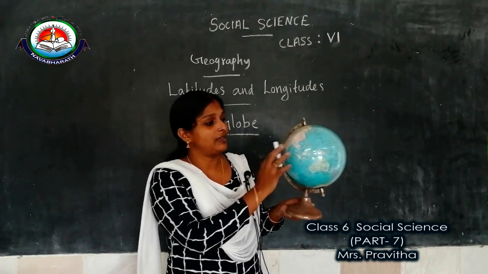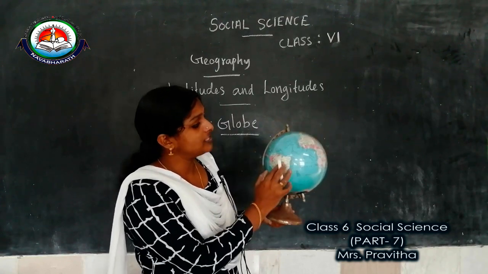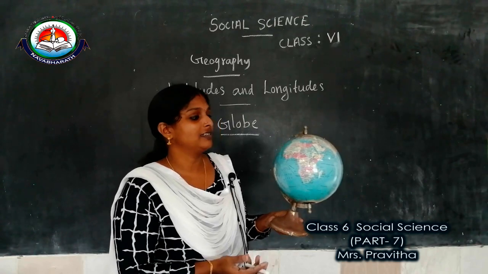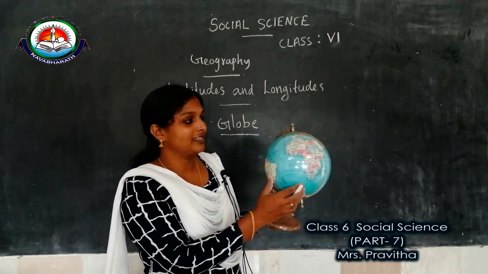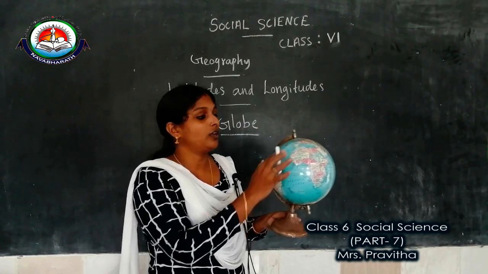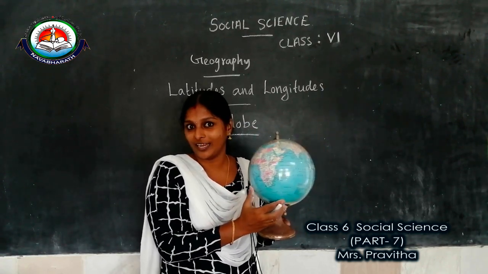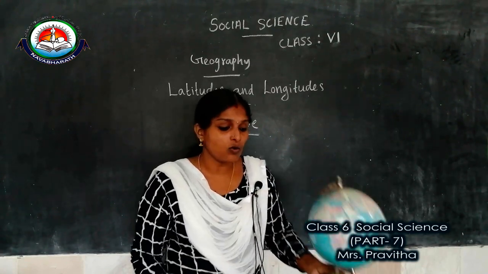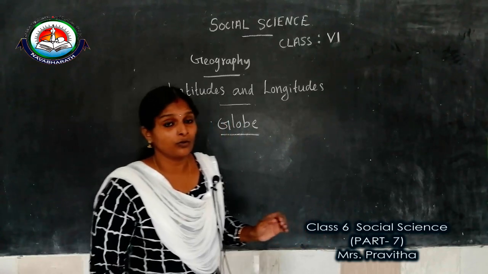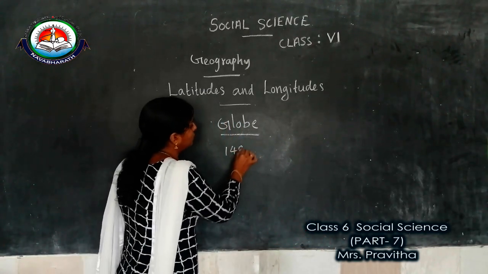On a globe we can see many places located: many continents, states, countries, different oceans, etc. So everything can be included in a globe. The oldest globe was first made in 1492.